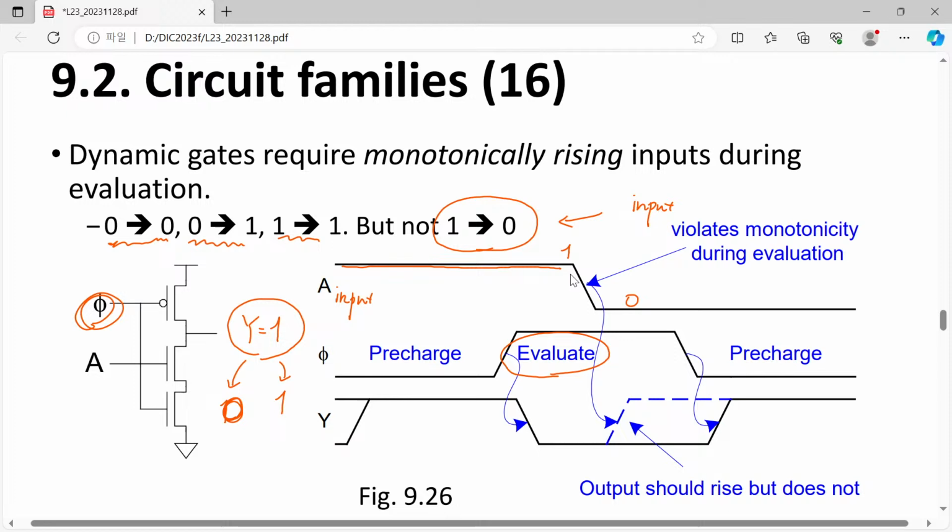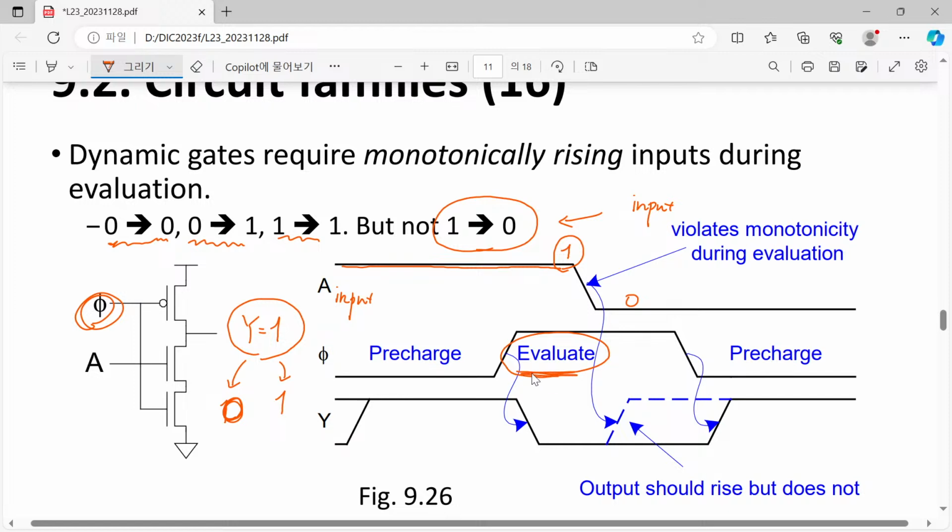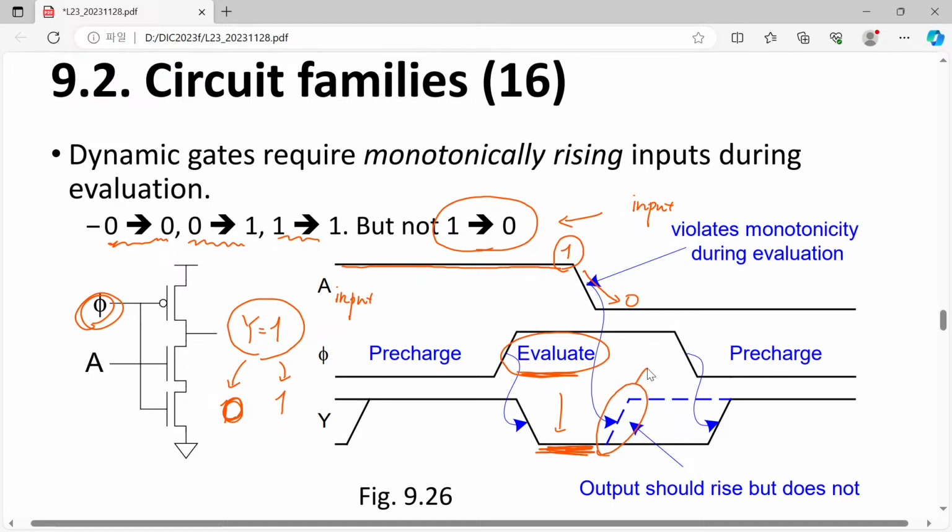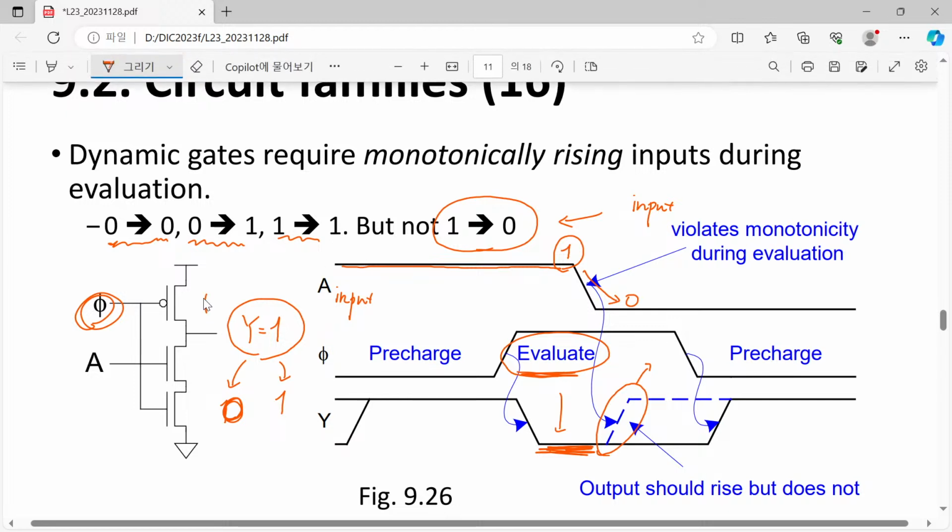However, since A was 1, in this evaluation phase your output was already fully discharged. Then after that, inside this evaluation phase, when we have a 0 to 1 transition for our input, although we must have a rising transition for our output, unfortunately this PMOSFET in this evaluation phase is completely turned off.